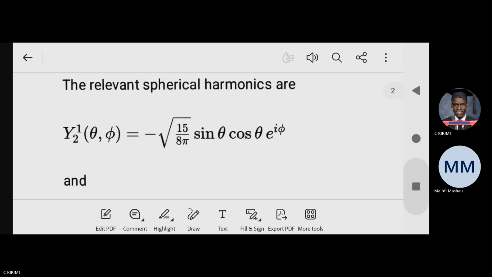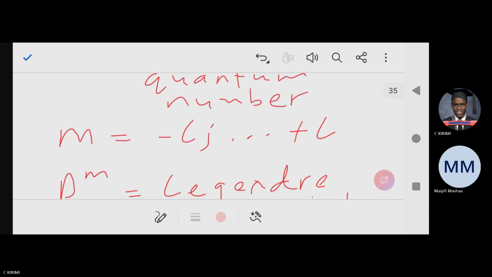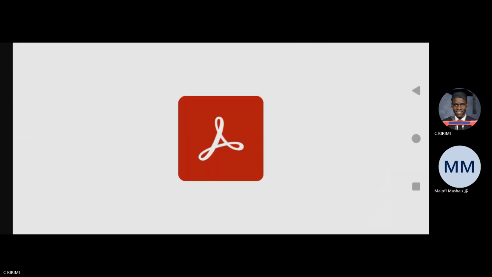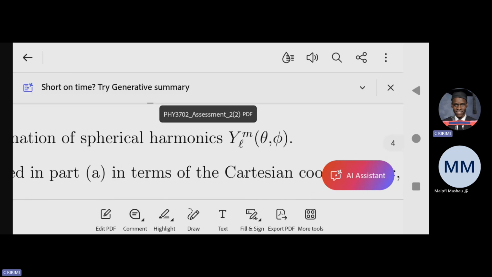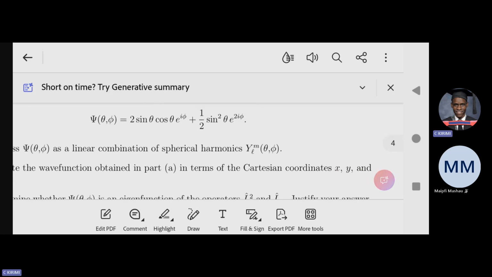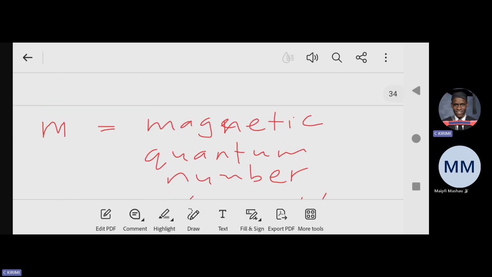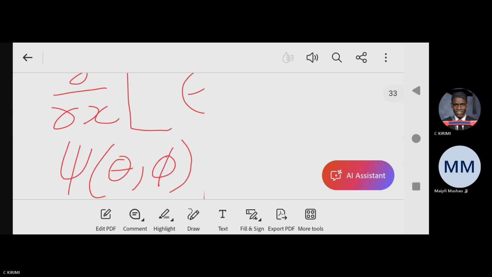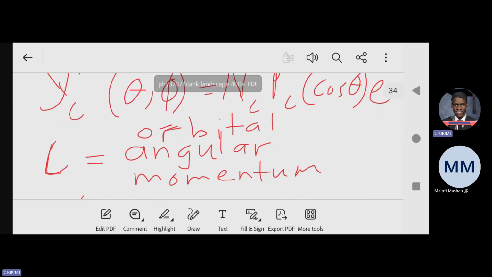Hey, can you please explain that again? The M and the 2. If you compare the equation here, we are looking for YLM of theta phi. I've given you the standard equation of a general spherical harmonic. This is the standard equation for spherical harmonics.